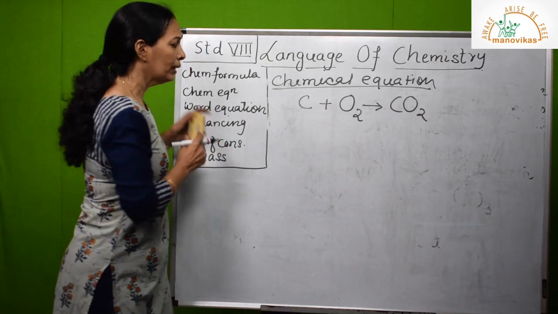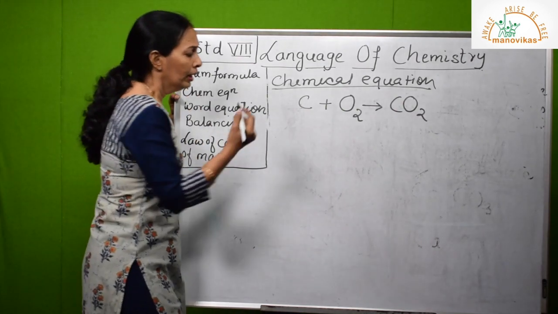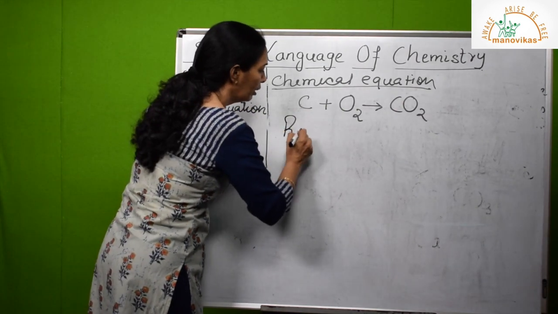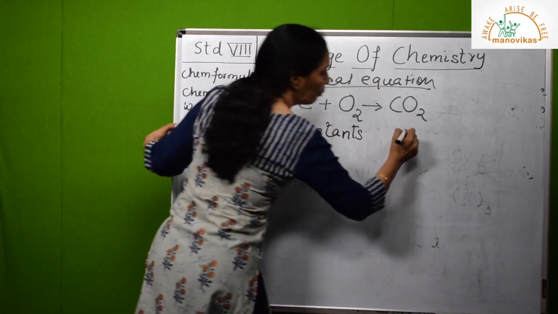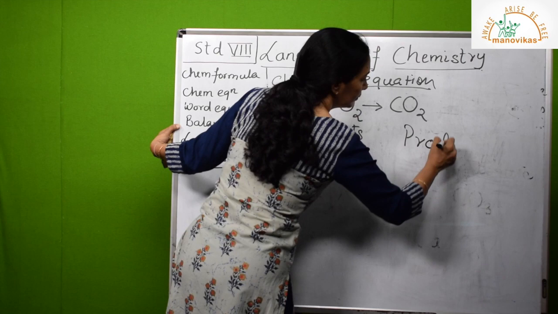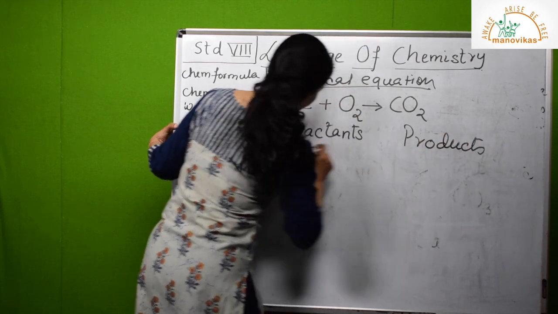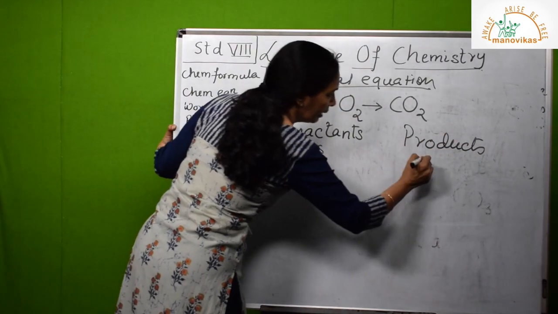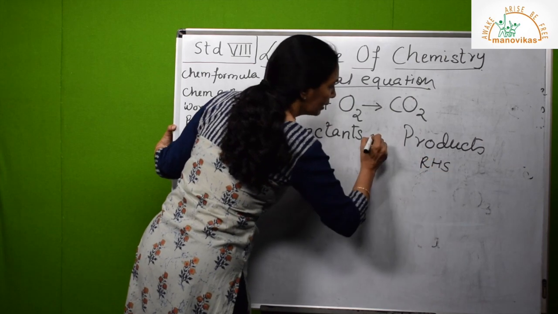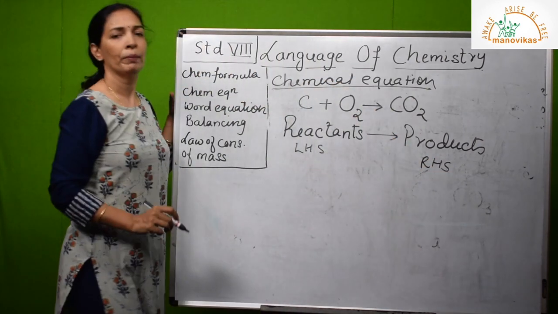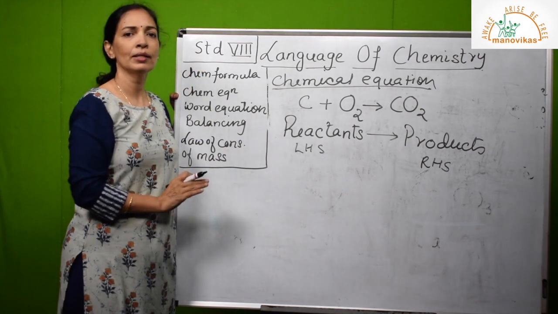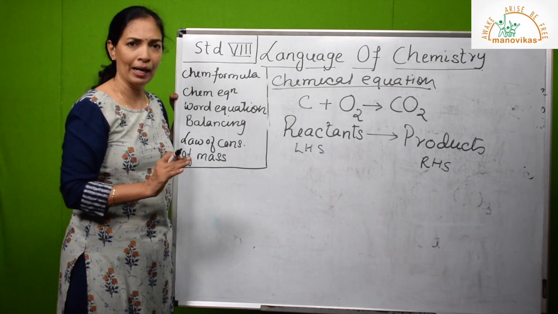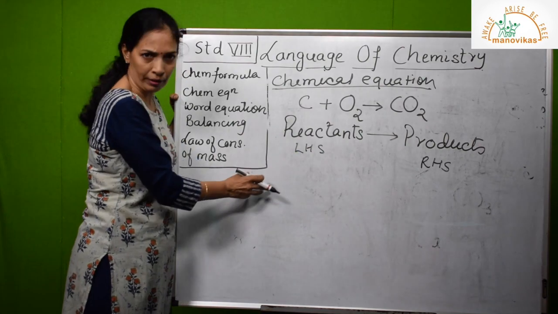Okay. Now what are the parts of a chemical equation? Chemical equations have reactants and products, left hand side and right hand side. And these two sides are separated by an arrow. Now the reactants are the substances which undergo or participate in the chemical reaction.